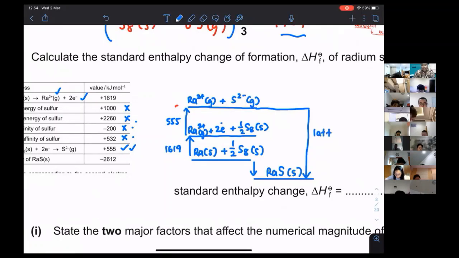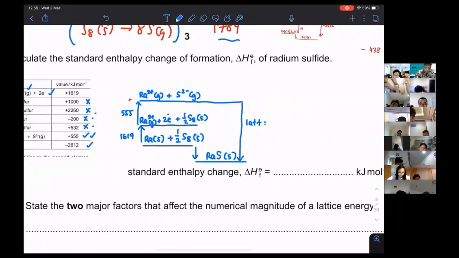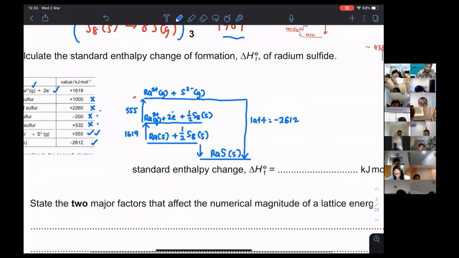Now I need to determine whether my hydration is going to be negative or positive. So how to do that? Quite simple. Lattice energy they have given negative 2612. And you know that this information, the enthalpy of formation, the total must be the same as this.